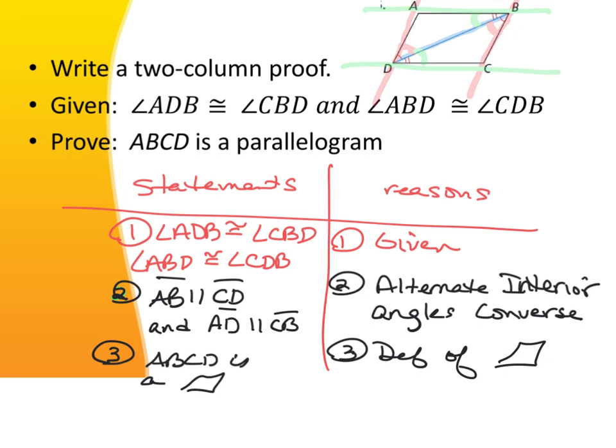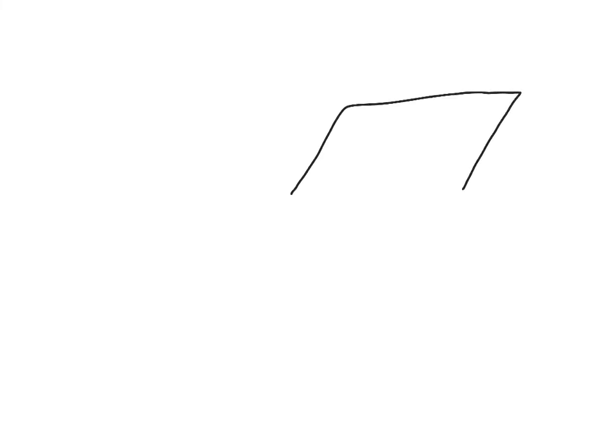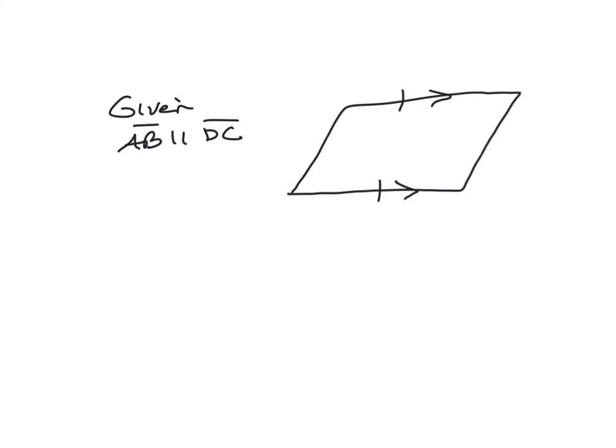So let's say we have a quadrilateral, and it's got a congruent mark and a parallel mark. It says, given that AB is parallel to DC and that AB is congruent to DC, it wants me to prove that AD is congruent to BC.